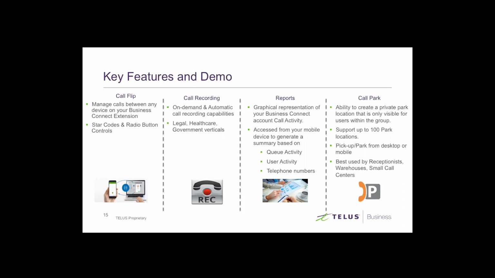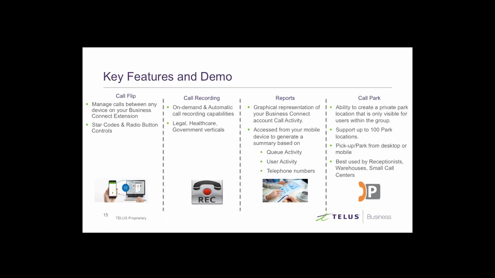From a call recording perspective, two types of call recordings are available. One is on-demand call recording capabilities, which what we described is the ability for a user to start a call recording individually. The automatic call recording capabilities are done by the administrator.